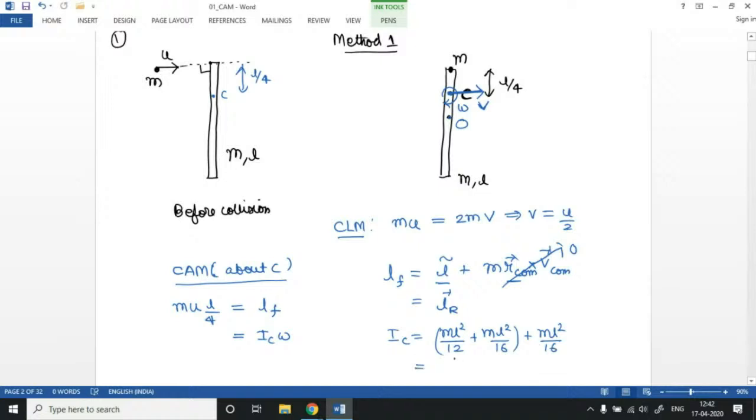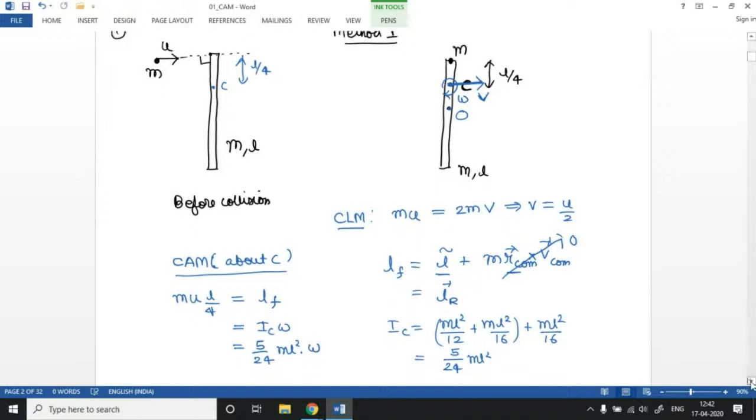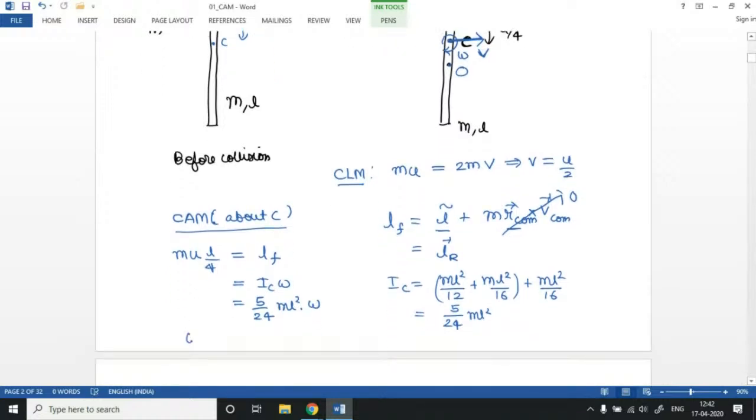So that gives 5 by 24 ml square, so we can write 5 by 24 ml square into omega. That gives us the value of omega equal to 6u by 5l. So omega we have got, and we previously got v also.